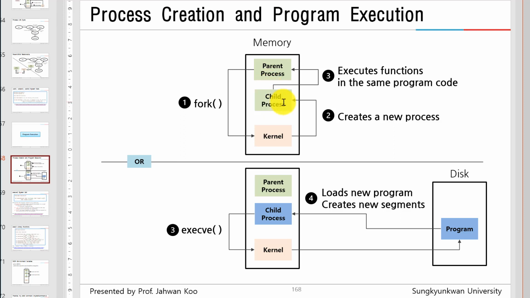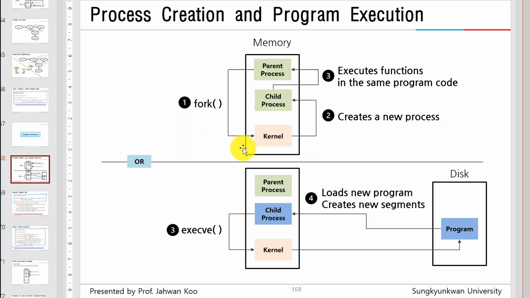The program code can be shared by the two processes. Step 3. The child process can execute a different set of functions in the same program code as the parent.